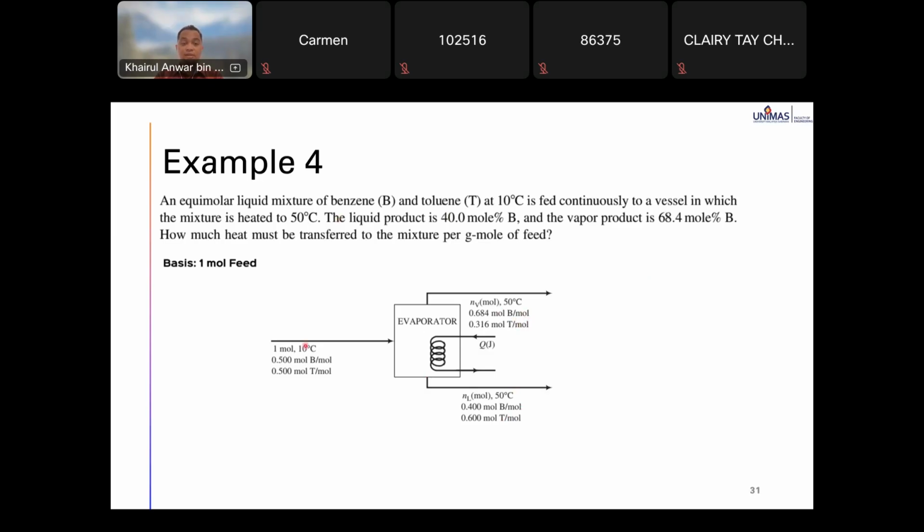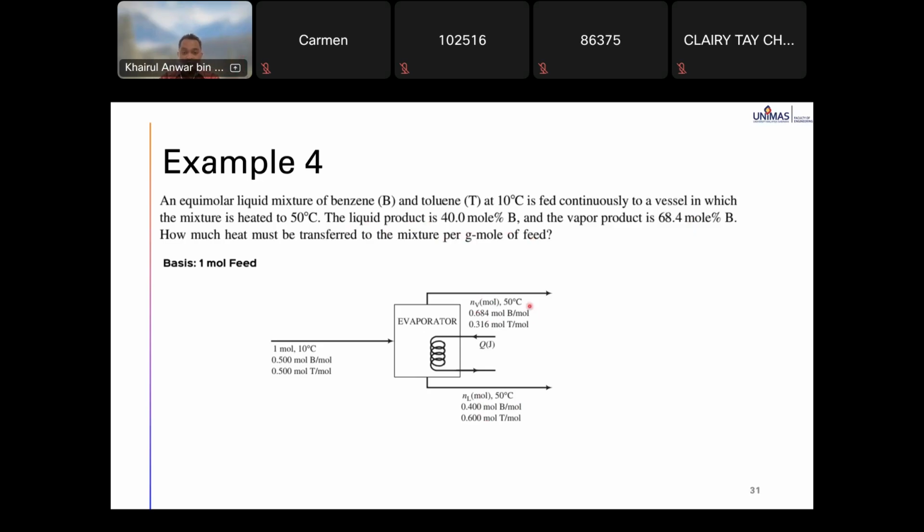So the inlet is equimolar, meaning 50% benzene, 50% toluene. But for the liquid product here, it's 40% benzene, and for the vapor product on the top, it's 68.4 mole percent benzene.